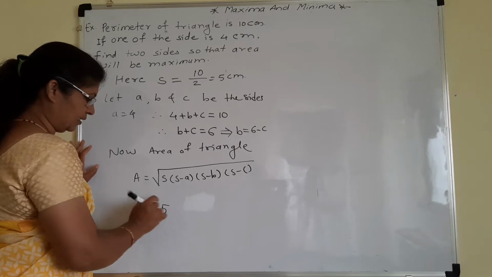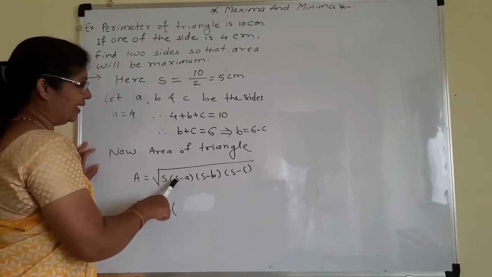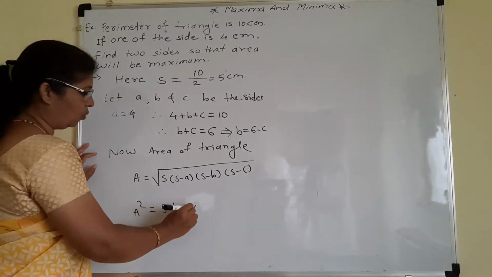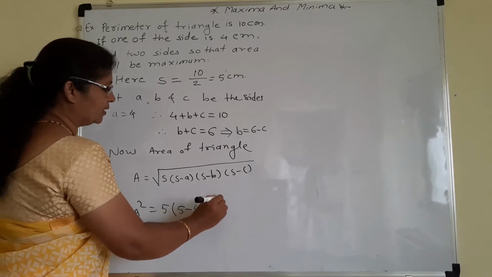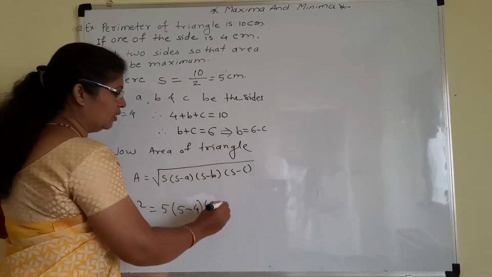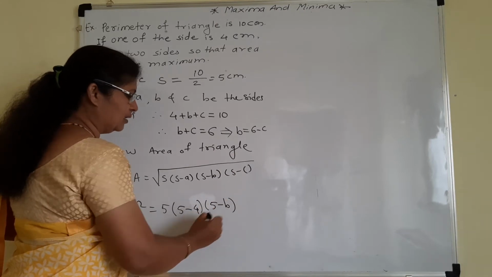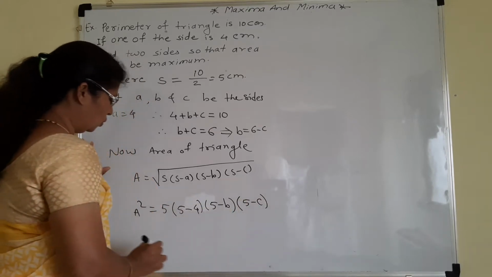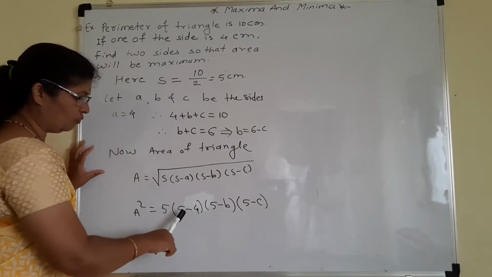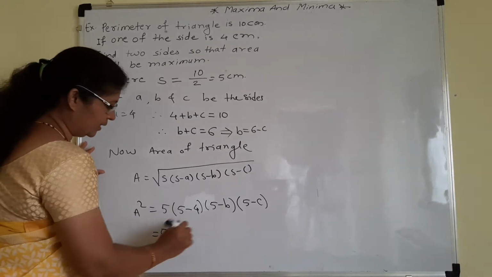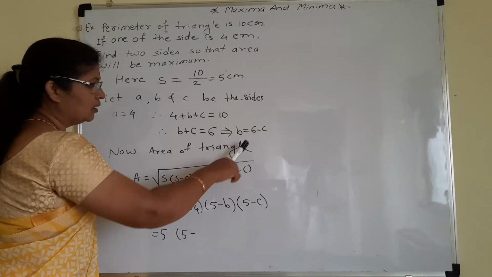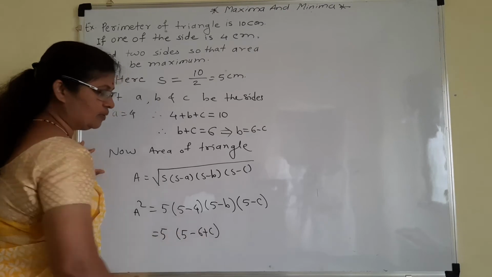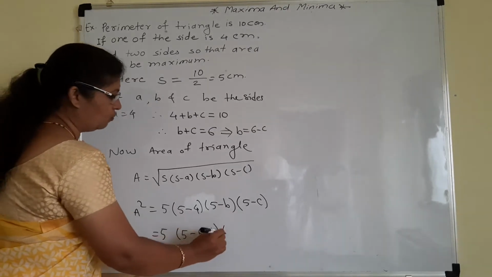The square root will cancel by taking the square. 5 into bracket, s is 5, minus a, which is 4, into 5 minus b, where b is equal to 6 minus c, into 5 minus c. So this is equal to 5 into 5 minus 4, 5 minus b, that is 5 minus 6 minus c, minus this will be plus, into 5 minus c.